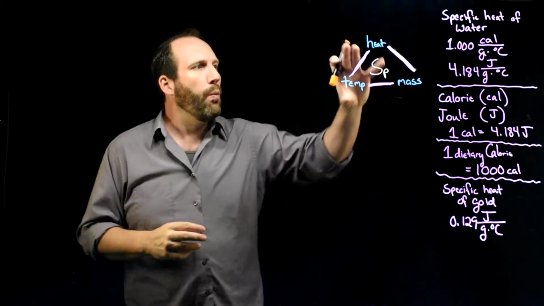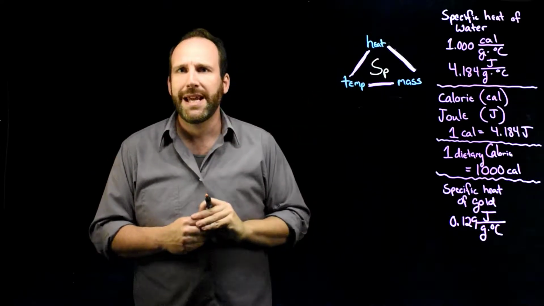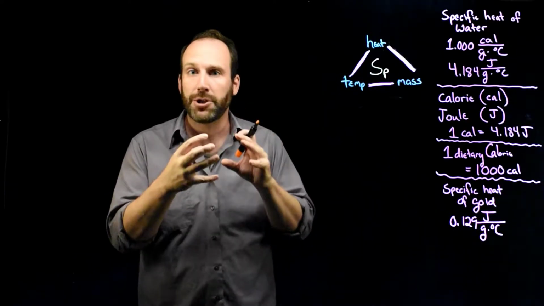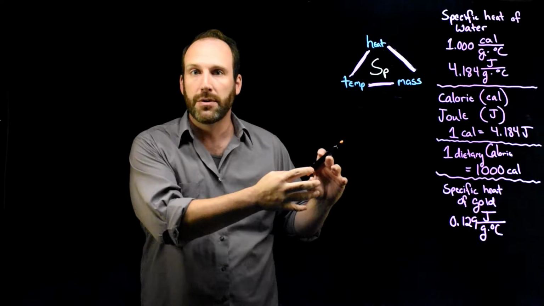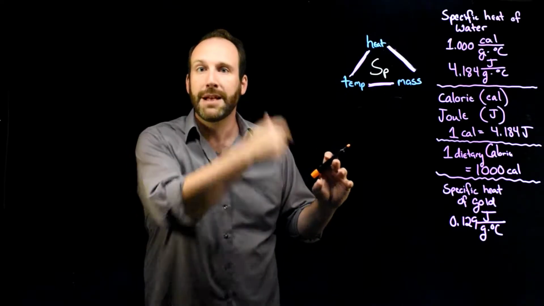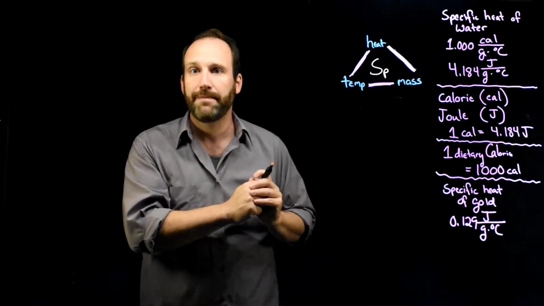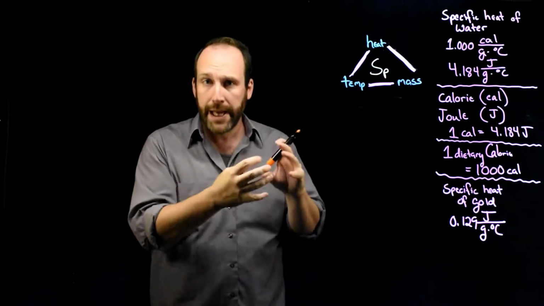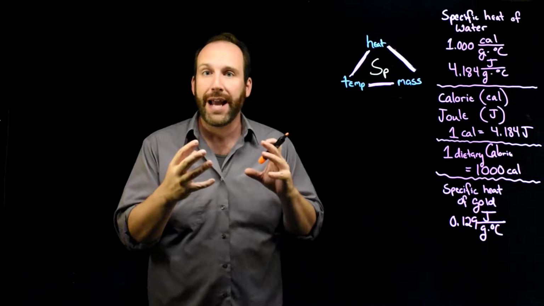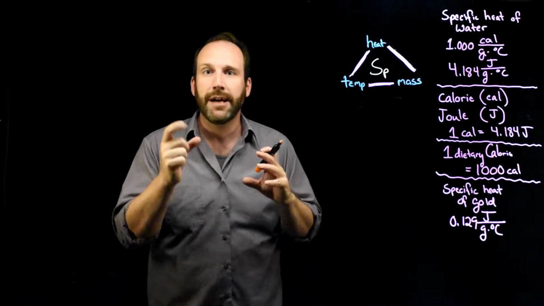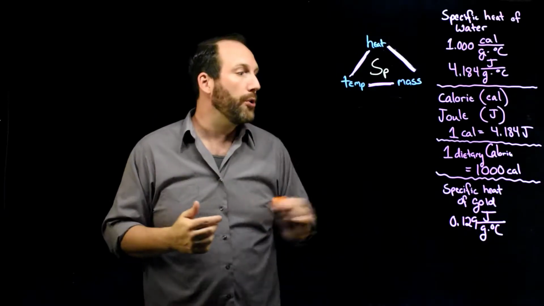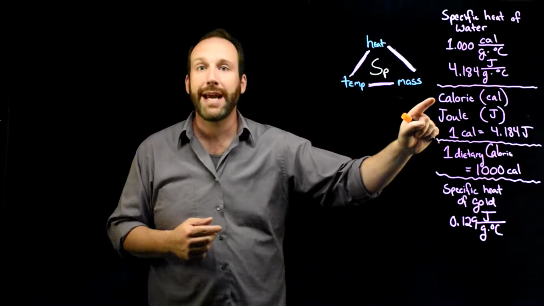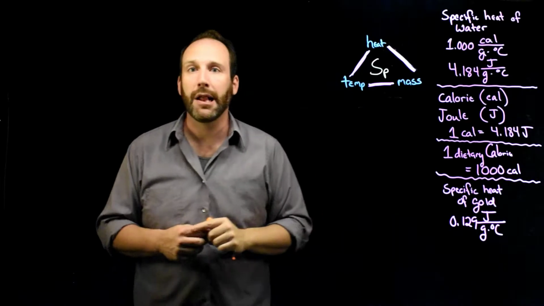And so what this idea of specific heat says is, if I want to cause the temperature of a certain amount of matter to increase, I'm going to need to add a certain amount of heat, okay? And in fact, one of the units of heat energy is defined by thinking about this idea of specific heat. That unit is called the calorie, with a lowercase c, abbreviated cal.